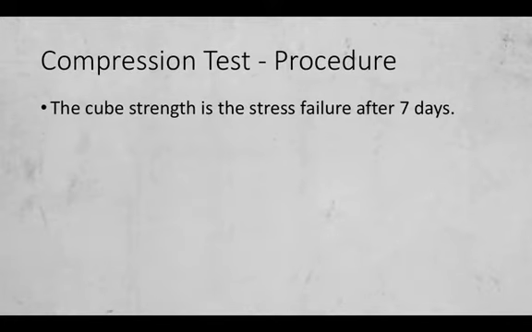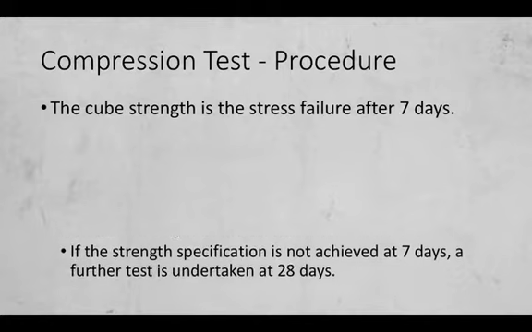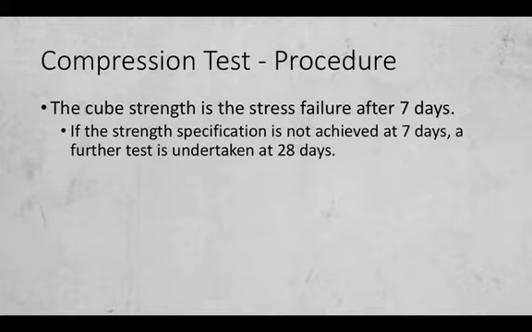The cube strength is a stress failure after 7 days. If the strength specification is not achieved at 7 days, a further test is undertaken at 28 days. So the 7 days should give you the cube strength.